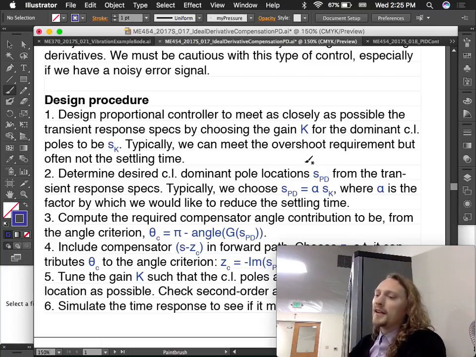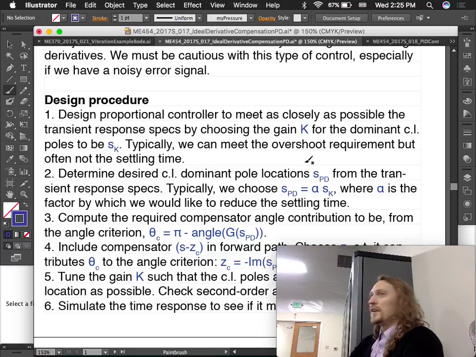That's sort of a guideline, but it gives you a pretty good idea if it's going to be correct. But the best way to do it is just simulate it and see what my percent overshoot is. You can compute that from a simulation really easily, so that'll give you a pretty good idea of how good your second order approximation was too.